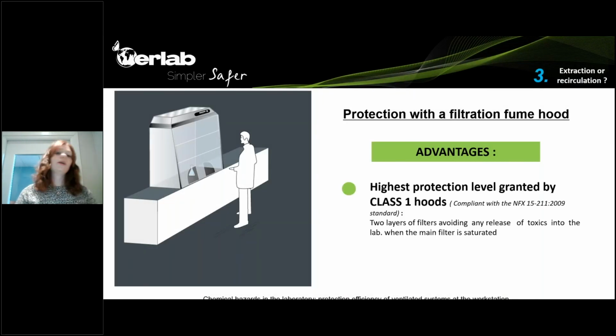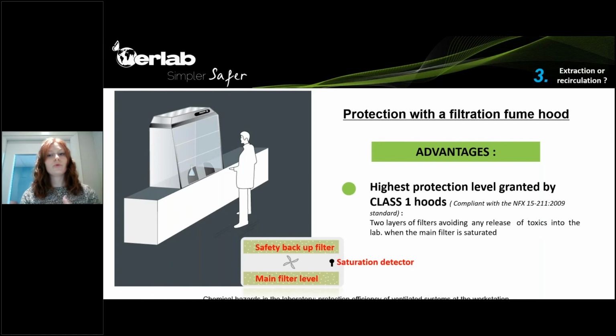So now if we go to the filtration fume hoods, the ductless fume hoods, these are independent fume hoods not connected to the exhaust system. The main advantage is the protection that it gives to the user, and that is granted by the class 1 fume hood, according to the NFX 15211 standard.